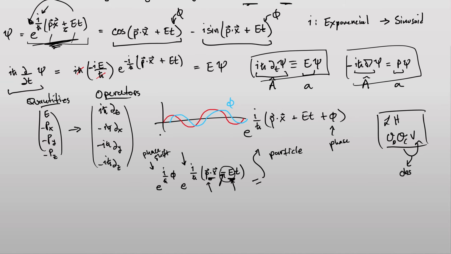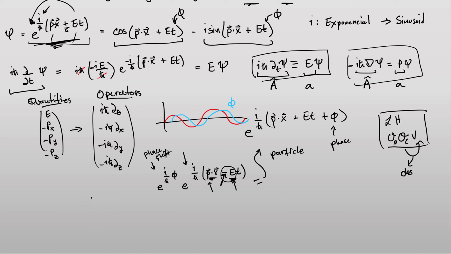What's essential to know is that the operators are going to reach into this exponential and extract something out. They're either going to extract the momentum or the energy, or you could find some operator that just extracts the phase. But that's a little bit more complicated, because the phase could be a function of x, or a function of t, or a function of both.